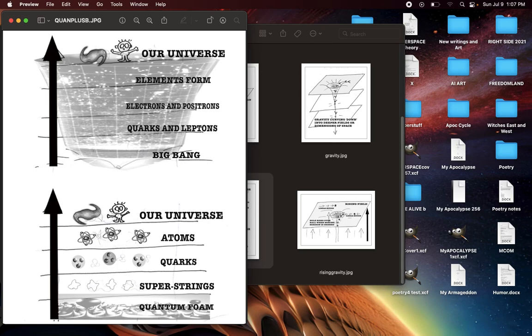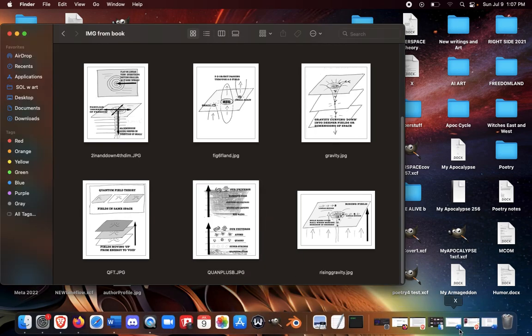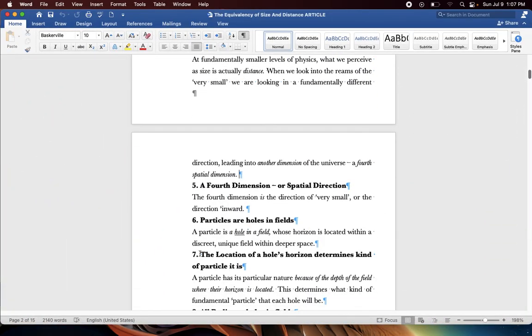But what holds fundamentally smaller particles. So let's just go to the idea of quantum field theory, because it does relate really well. And I don't know if I have it in here.